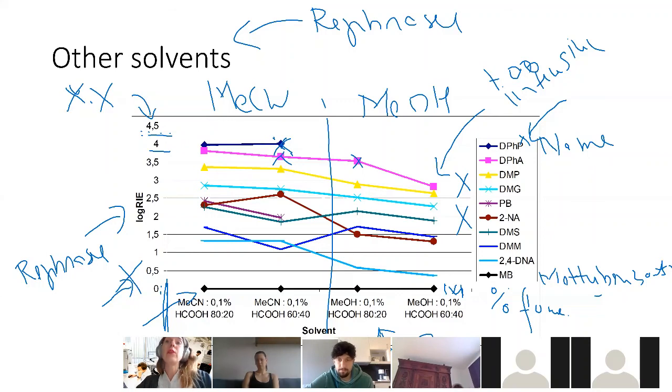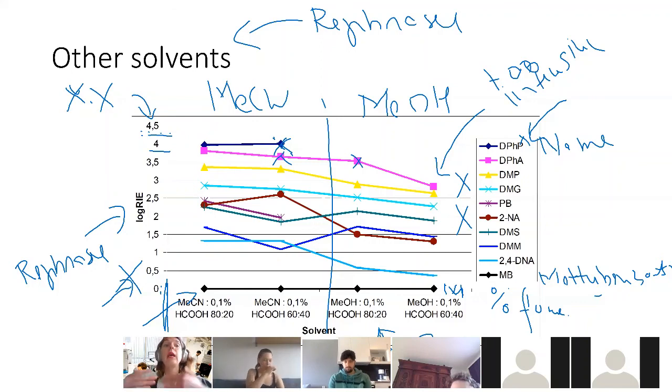And this is something that could be changed with the colors. The question is, what do we want to show? For example, if we want to show that when the percentage of formic acid is increasing or decreasing, then this compound goes there, or that compound goes in another direction, then we could highlight these compounds.